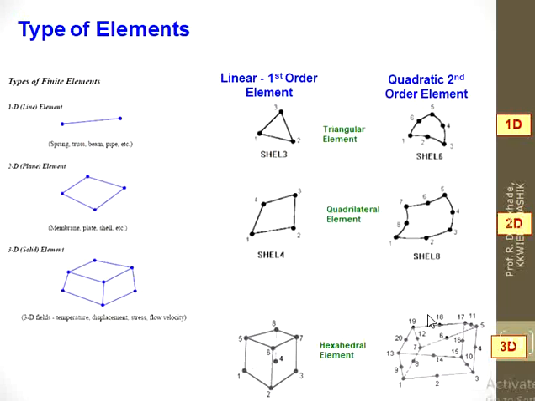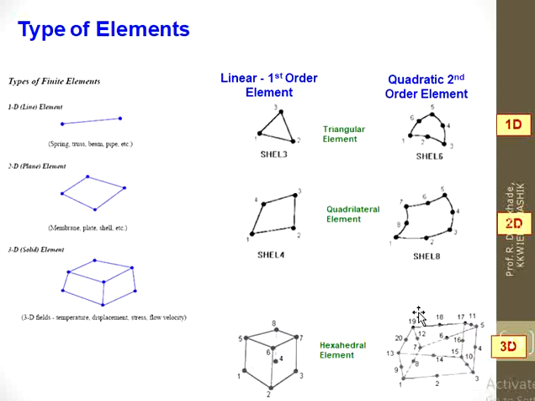Next, types of elements. The type of element used in finite element analysis depends on the type of problem to be solved. The problem may be structural, thermal, fluid, or electromagnetic. Selecting a suitable element for a particular problem plays an important role in finite element analysis.